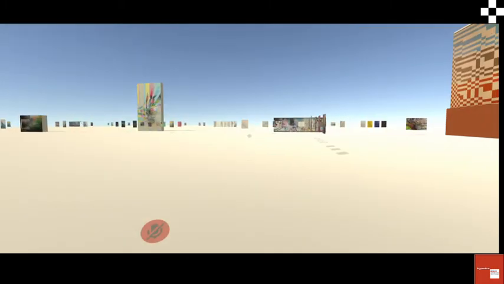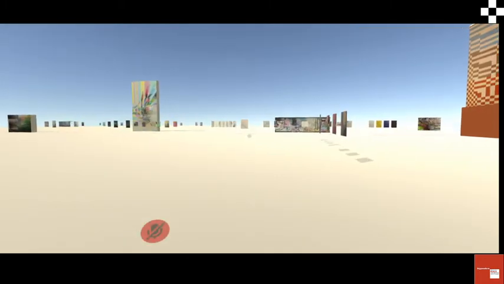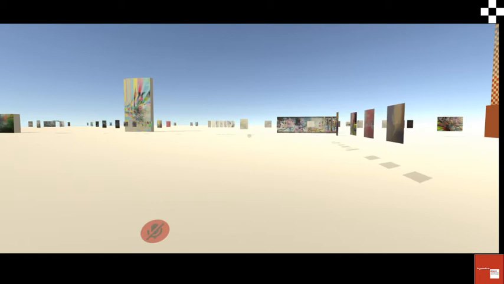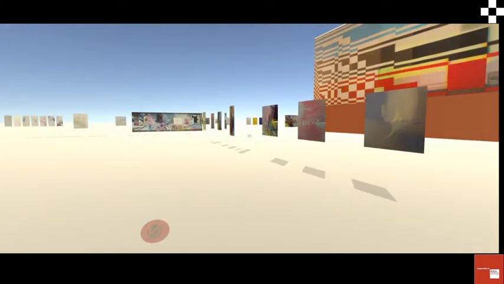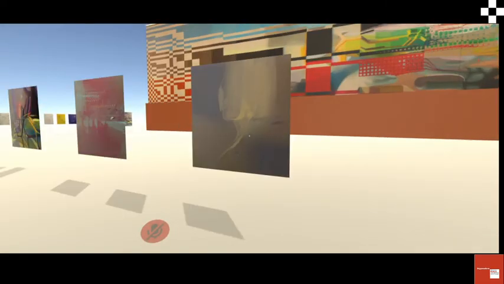Maybe we'll step to other things. The three canvases I did for Dortmund gallery. I don't remember the number, but you know which one I mean.